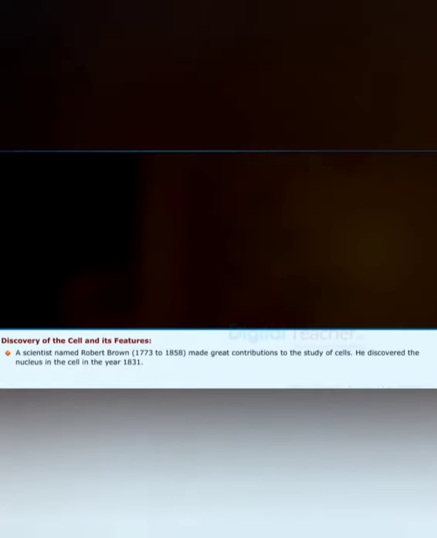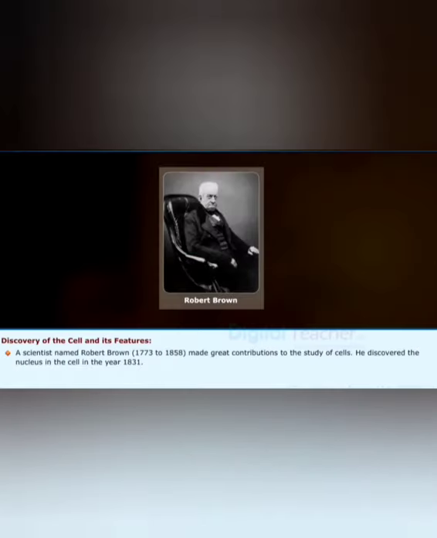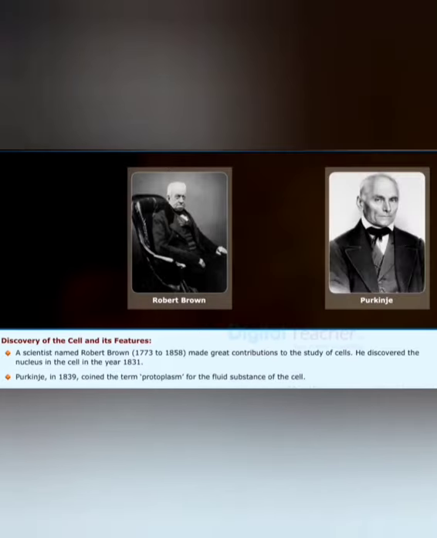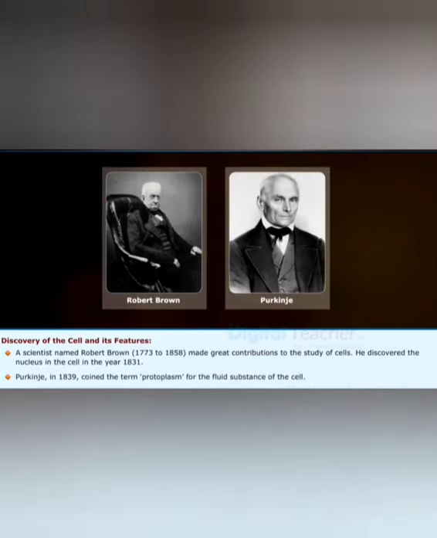A scientist named Robert Brown, 1773 to 1858, made great contributions to the study of cells. He discovered the nucleus in the cell in the year 1831. Purkinje in 1839 coined the term protoplasm for the fluid substance of the cell.